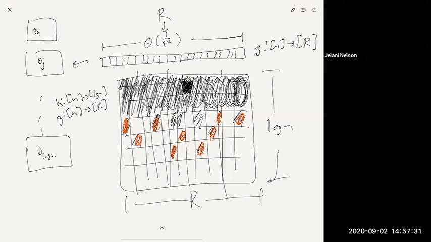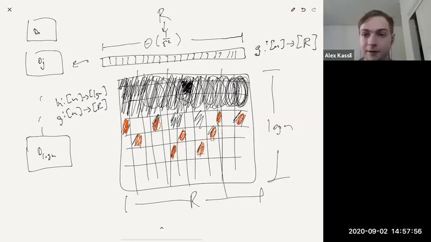And then for each of these red numbers, you don't store the actual number, but you just store the offset from the mode. And you store it in a variable length encoding. So the point is most of these offsets are 0 or close to 0, so they only need a constant number of bits to store. Some of them might be bigger offsets, but that's rare. And then that lets you get down to 1 over epsilon squared plus log n. Nice. Thanks for explaining. Okay, no problem.